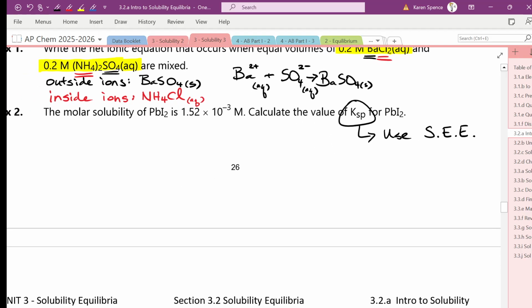Okay, now I'm going to tell you something. This is the only new thing here, really. Molar solubility means how much dissolves. Another way of saying how much dissolves is saying concentration, yes?